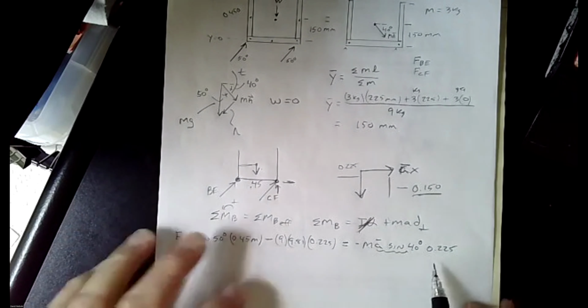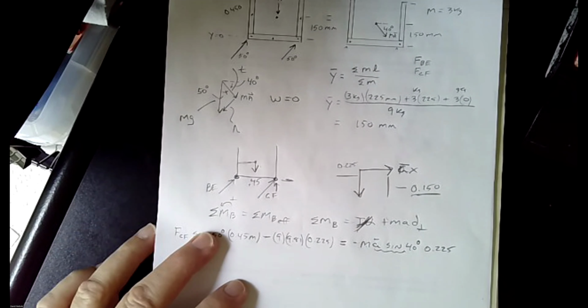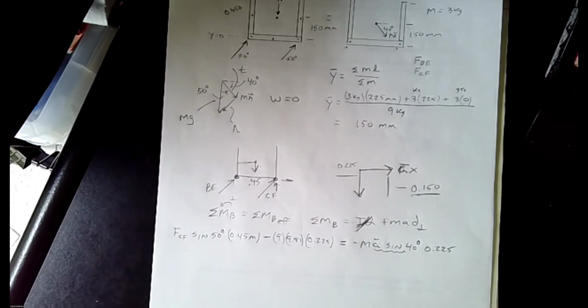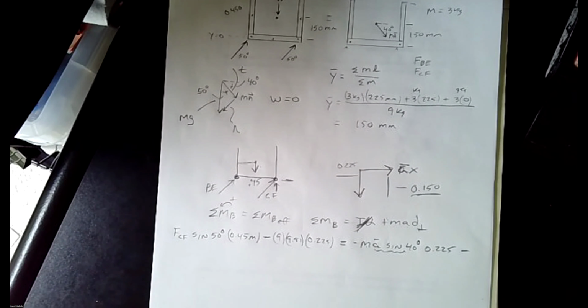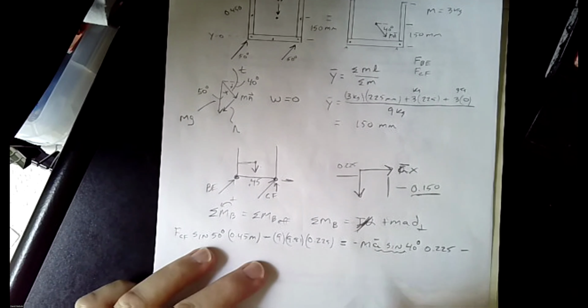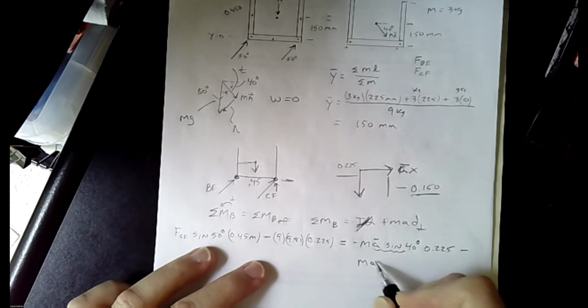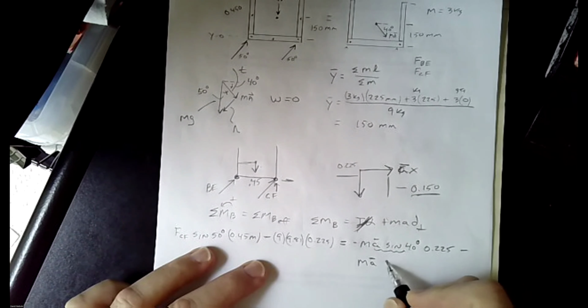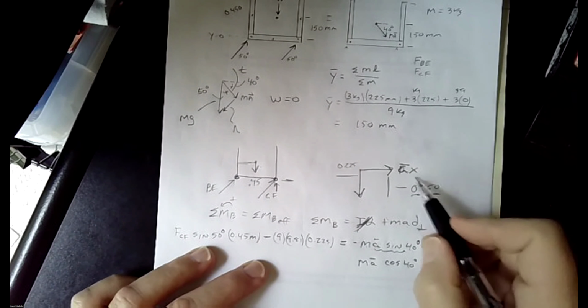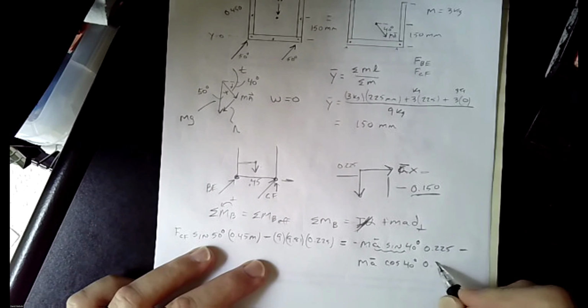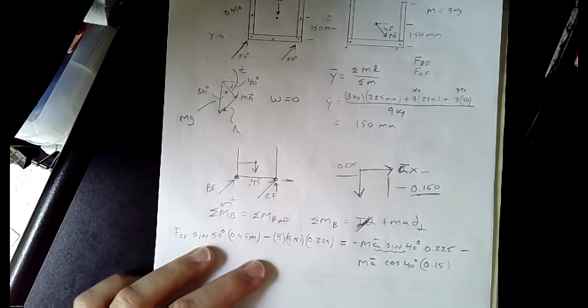And then I have my other piece, which is minus, and the reason they're minus is because the moments are both clockwise, and that's going to be M A bar times cosine 40 degrees, and then that's this side, so its distance is 0.15. Okay.